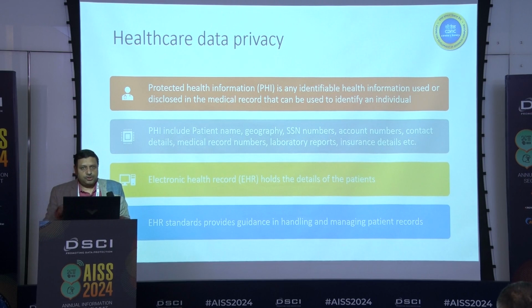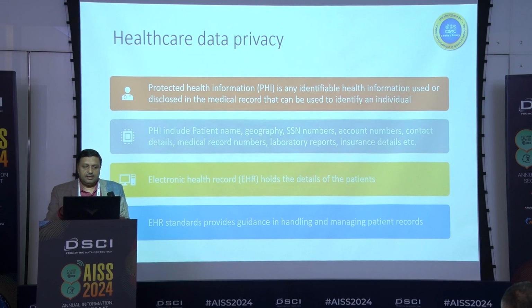So most of the standards, and therefore the EHR standards for India 2013 and 2016, talk about a set they call protected health information. There's a series of items that were listed saying these are protected and they should not be shared unless access is absolutely a must. They talked about the name, the geography, the social security number, but otherwise you can talk about the Aadhaar number, etc. Account numbers, contact details, medical record number, reports, etc. All of these are essentially PHI.